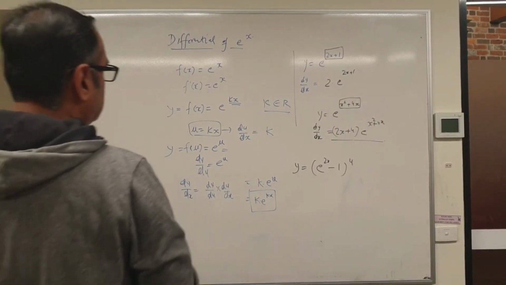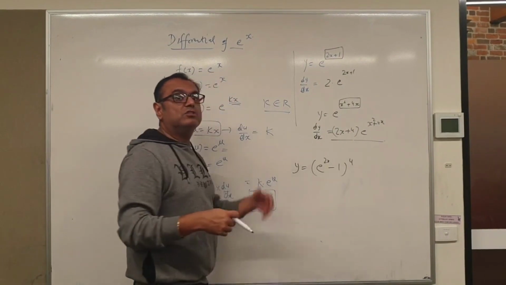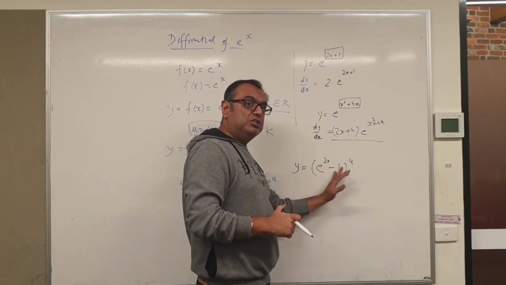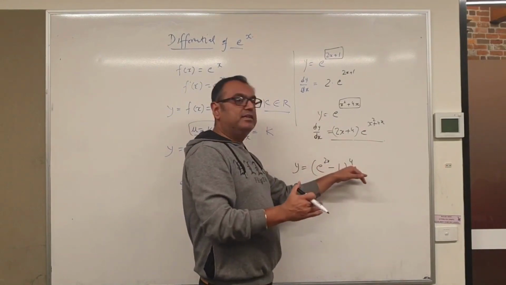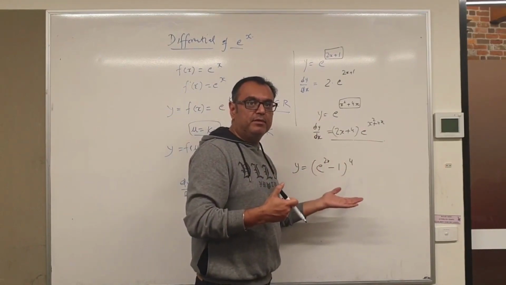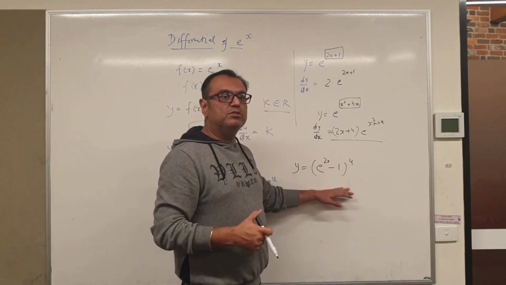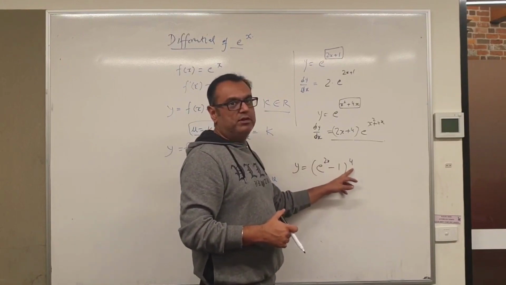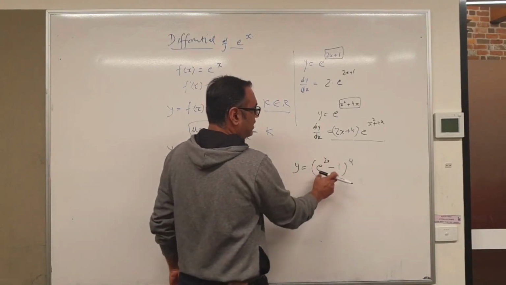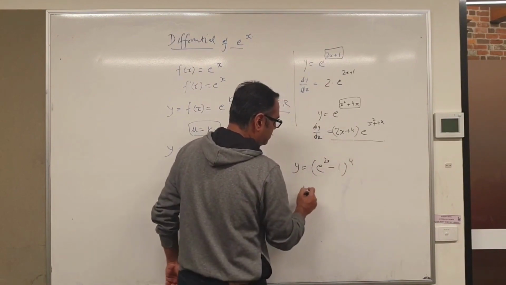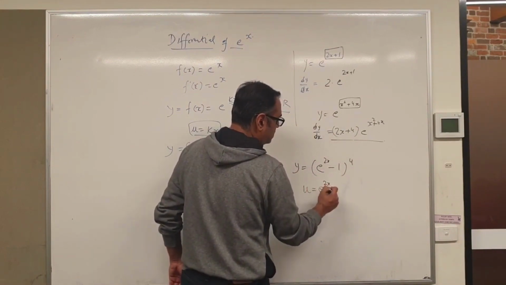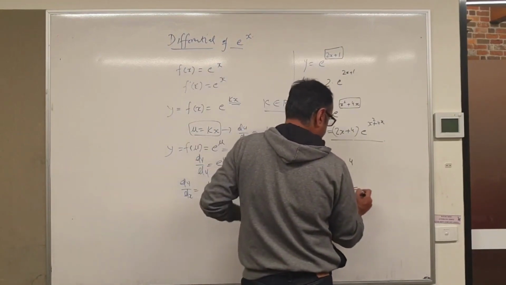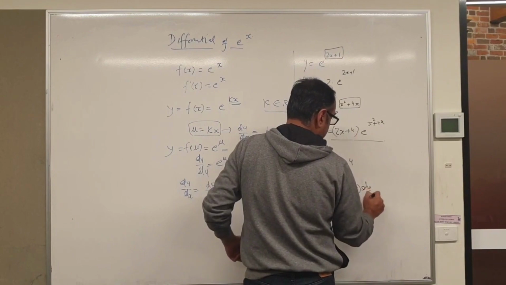Last time Romeo asked the question: when do we use the chain rule? If you've got an expression encapsulated in a power which you cannot expand, then chain rule comes into the picture. I can expand the binomial, but I won't; it will take a lot of time. So I assume this to be u. Let u equal e raised to the power of 2x minus 1. Then I find du by dx.